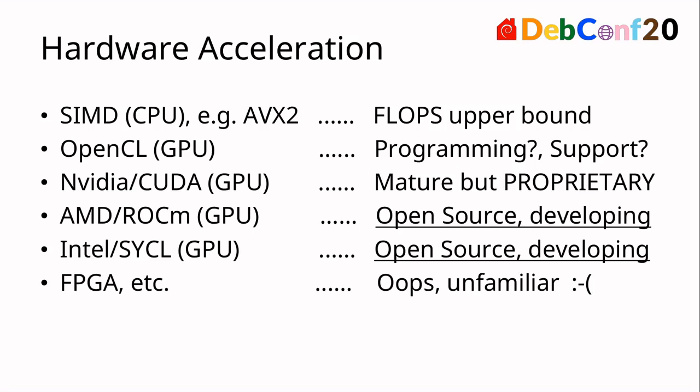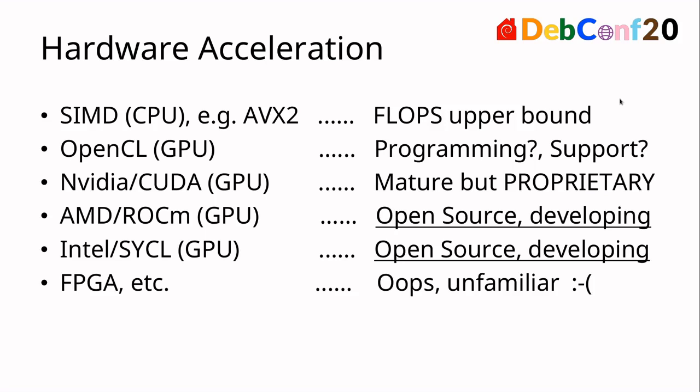In contrast, NVIDIA CUDA is the most mature solution, and it is most widely adopted by the machine learning community, but it is proprietary. To compete with NVIDIA, AMD proposed its own CUDA counterpart named ROCm. The software stack is open sourced, but it is still not as mature as CUDA.